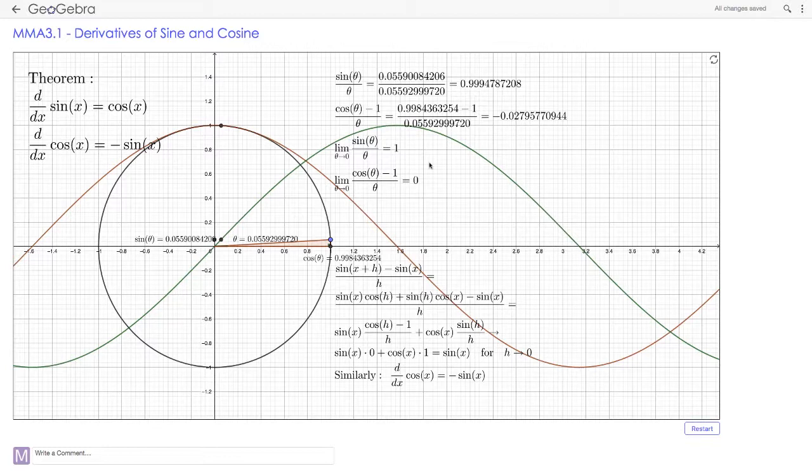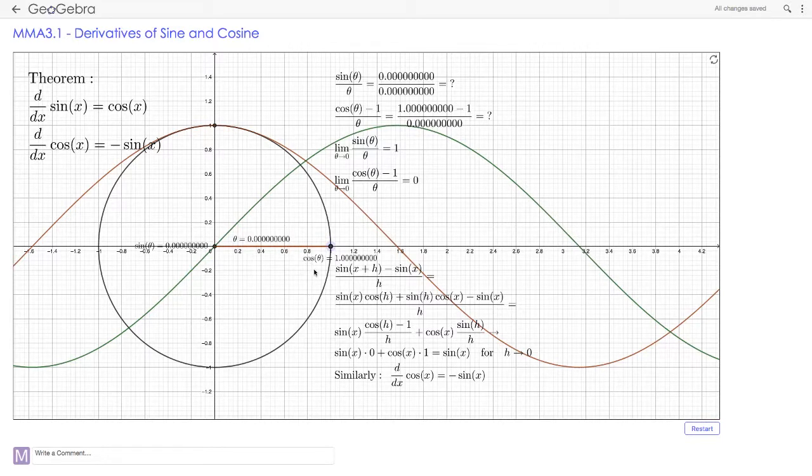Likewise, had it been cosine of x plus h minus cosine of x over h, which would have been the slope of this function at the point x, or something close to it, then we should first find out what is cosine of 0.